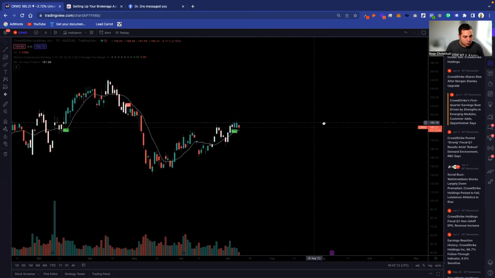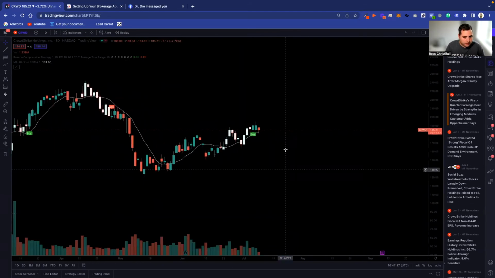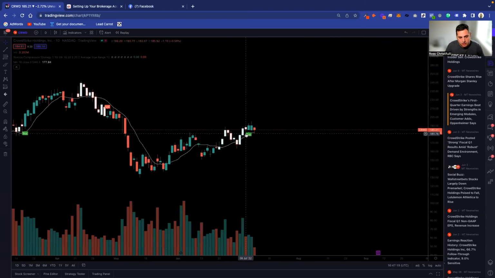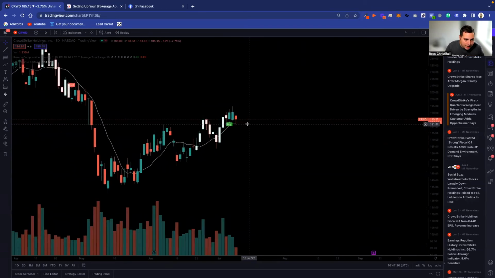Now, if you look at this morning here on CrowdStrike, because I'm actually in on this, we have a buy signal. Well, this actually occurred on the 7th, and today is the 11th. But on the 7th, we had a buy signal that was shortly before the weekend. And today it retraced a little bit, and if we zoom in, it did push past our 10-day moving average.